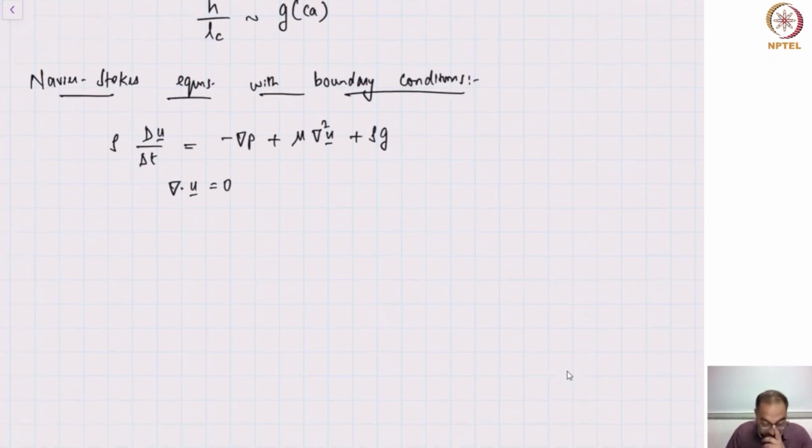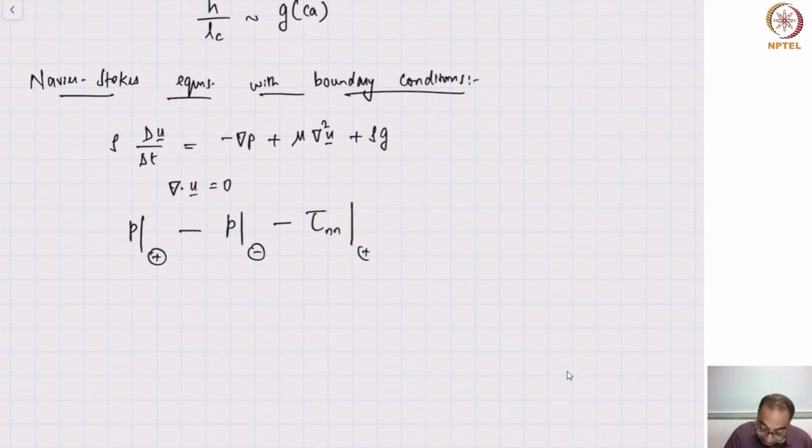And the normal stress balance that we know, I'll directly separate into pressure terms and the deviatoric stress terms. We have P plus minus P minus, plus the deviatoric normal stress plus minus minus, Z dot n.